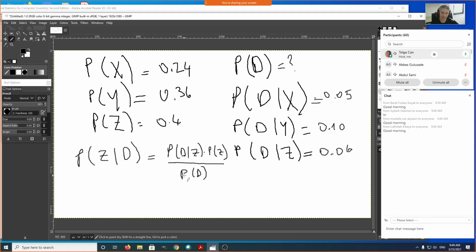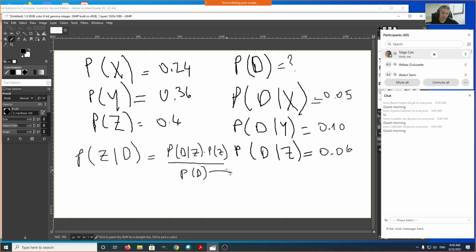In order to find PD, I'm going to make use of the three mutually exclusive and exhaustive events, which are X, Y, and Z. If we were given the intersections of the events X and D, Y and D, and Z and D, then since X, Y, Z are mutually exclusive and exhaustive, the summation of these intersections would give me the unconditional probability of PD.